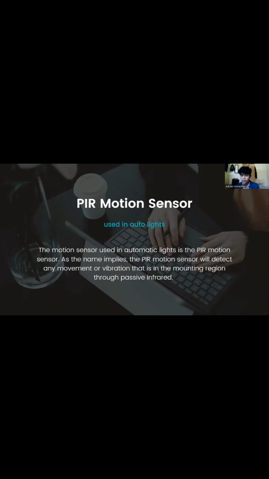However, to be able to apply it to an automatic light controller, several additional control circuits must be added, such as analog, digital, or various circuits that have been programmed using a microcontroller.